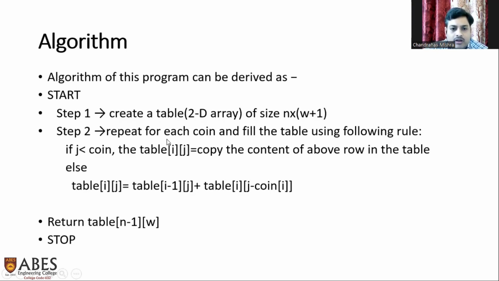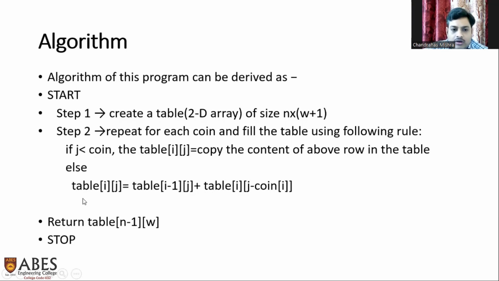So we will repeat for each coin and fill the table using the following rule. What is the rule? If j, the jth index of the table, is less than the coin value, in that case we'll copy the content of the above row in the table.